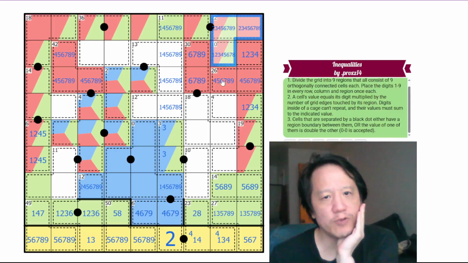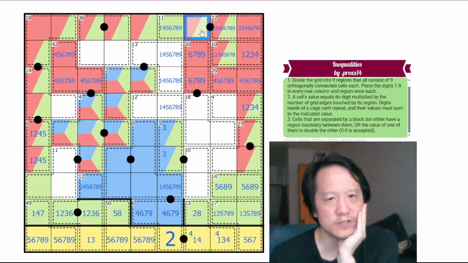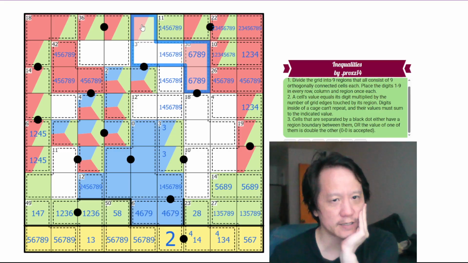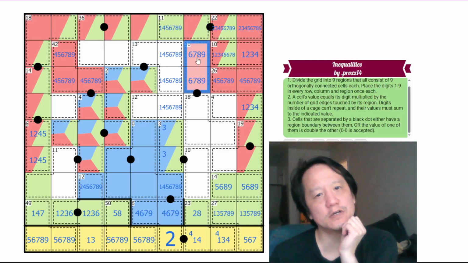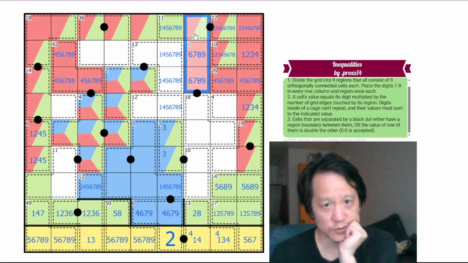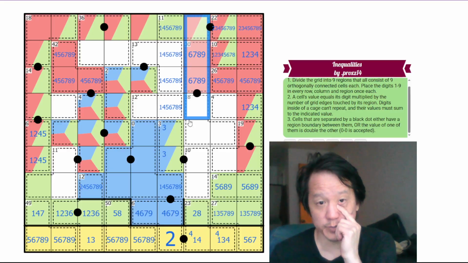So say we have a 9 cell here. Obviously, this has to touch somewhere before this 1 cell. It can't go like that, because then this is not going to ever be a large enough region. So it has to touch either here or here. And this gives us the most space.